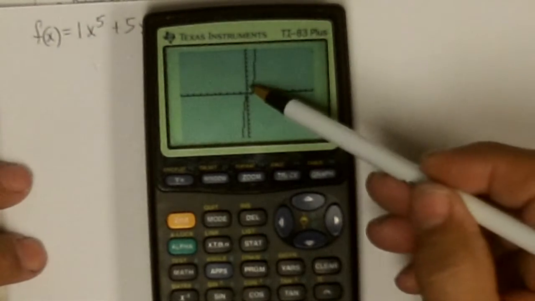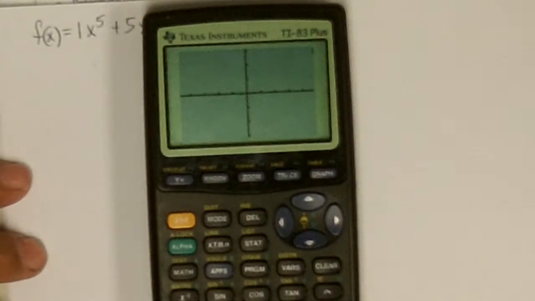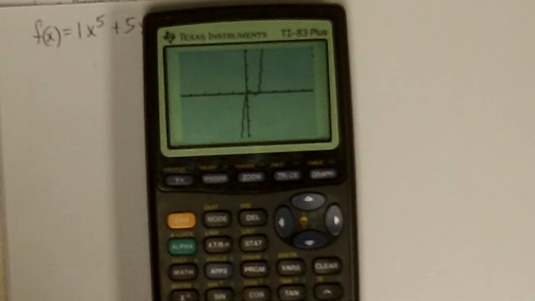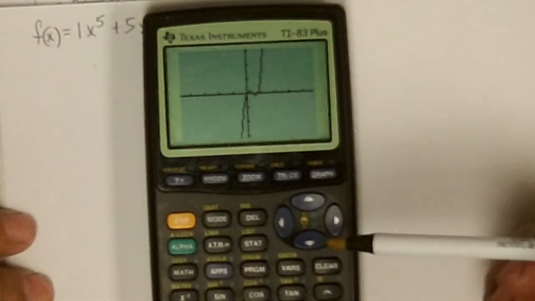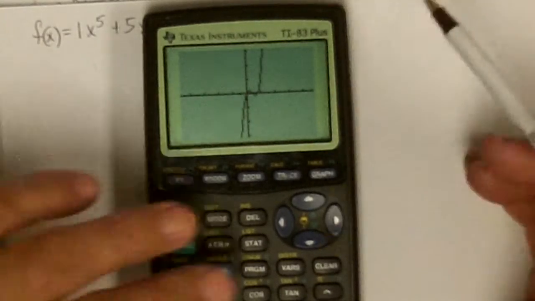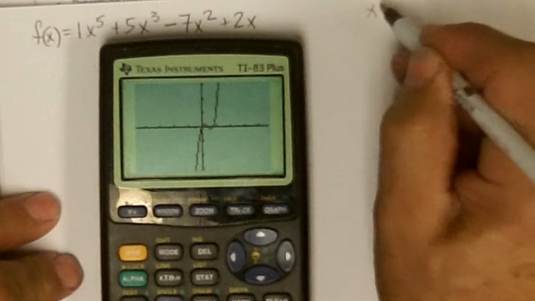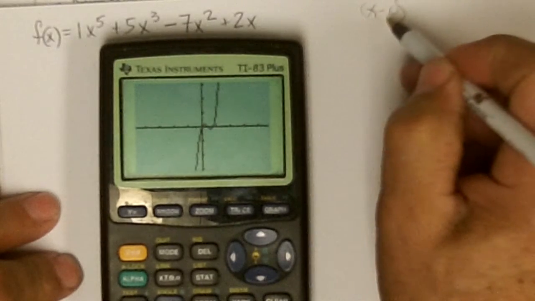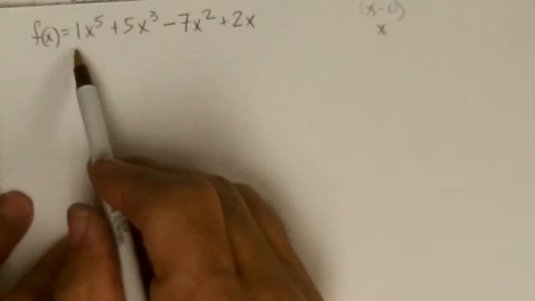And all the action seems to be happening right around 0, so I'll go zoom 4. That'll get a closer picture of that. And I may even want to look closer. It looks like it goes through 0. Now if it goes through 0, that means x minus 0 is a factor, or so just x is a factor.